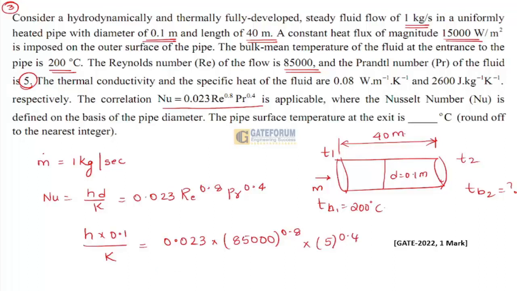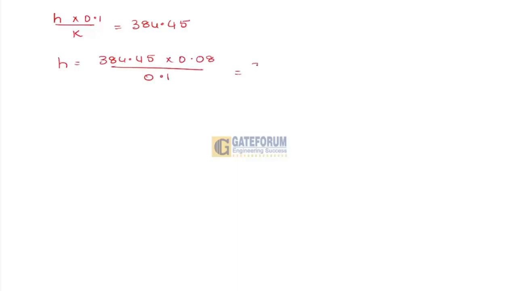What are you going to get from here? You are going to get h is equal to 384.45 into 0.08 by 0.1, and on solving, 307.56.